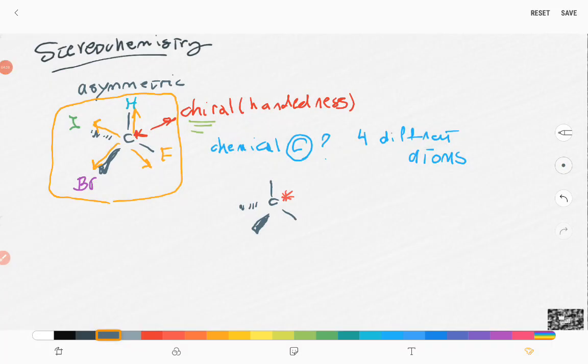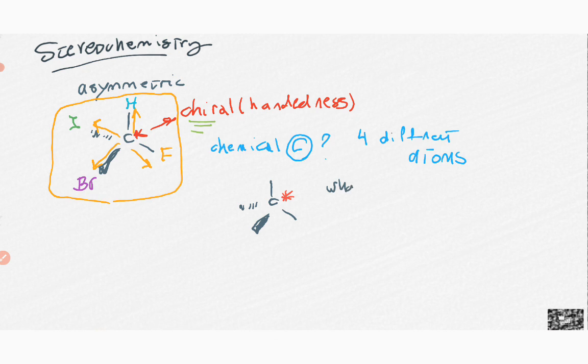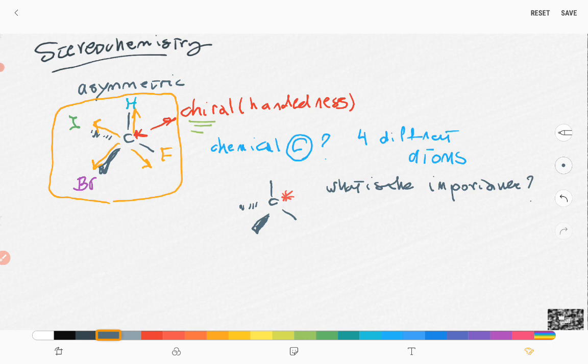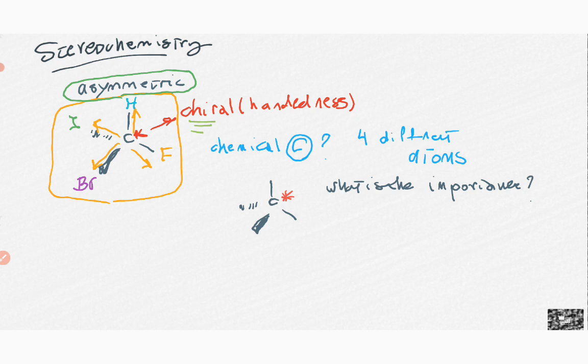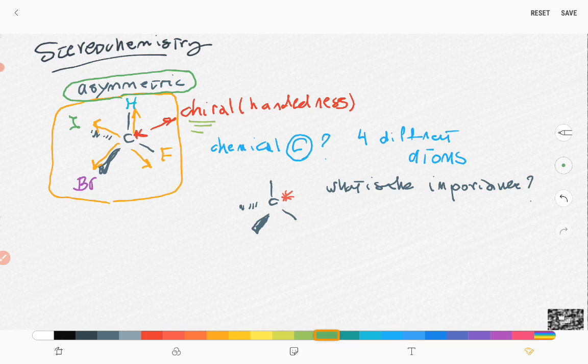Another thing is why we are talking about these asymmetric molecules or these mirror images of a molecule. What is the importance of this? The importance is that when you have two mirror images, two asymmetric molecules, although they look like the same molecule.